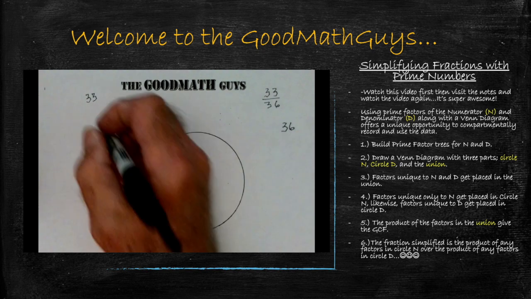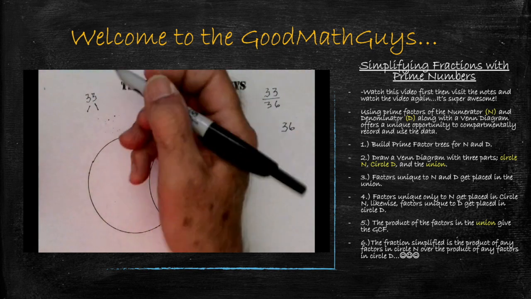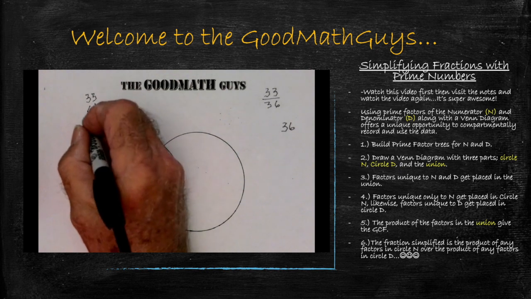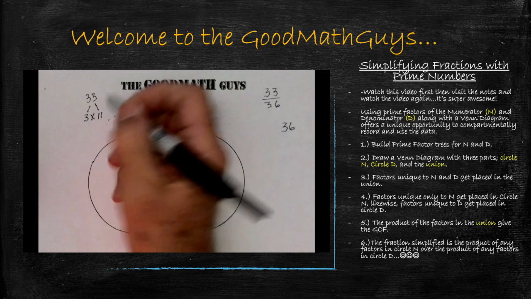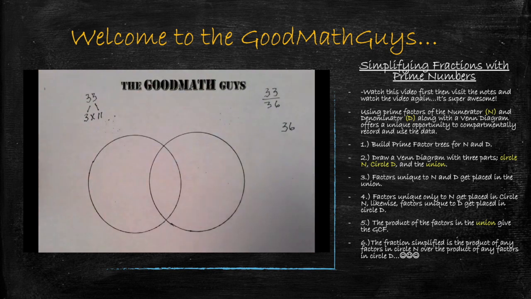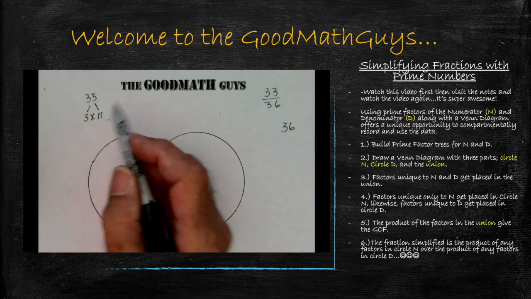And what we're going to do is factor both. So here, 3 times 11. We know that if kids are up on the first few prime numbers, 2, 3, 5, 7, and 11, they know that both of these numbers are prime, therefore we're done.